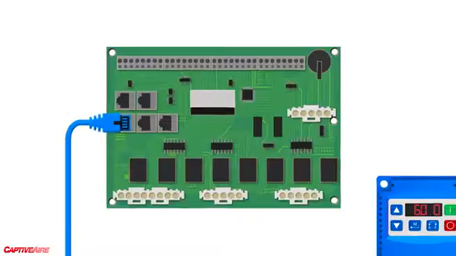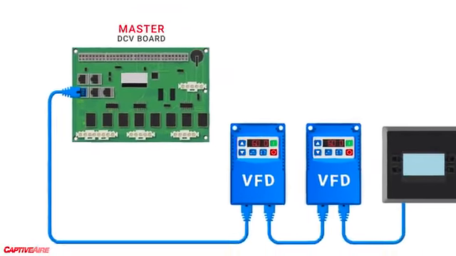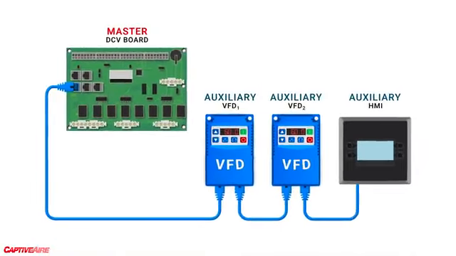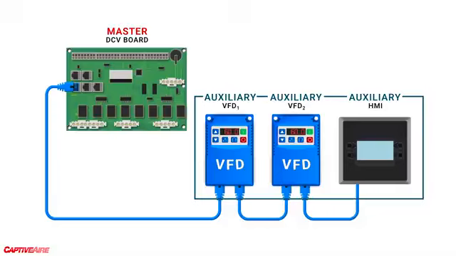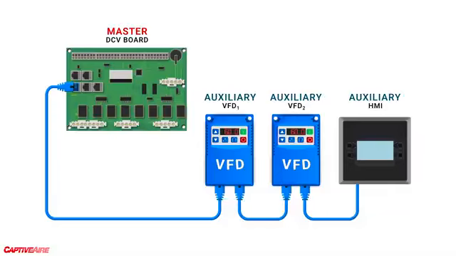The Modbus protocol works based on a master and auxiliary system. In this scenario, the DCV board acts like the master, and it can control, in theory, an unlimited number of auxiliary devices like variable frequency drives. The devices only communicate when the master requests something, and the auxiliary devices are always listening for these commands and reacting to them accordingly.